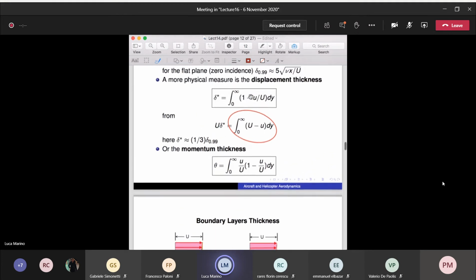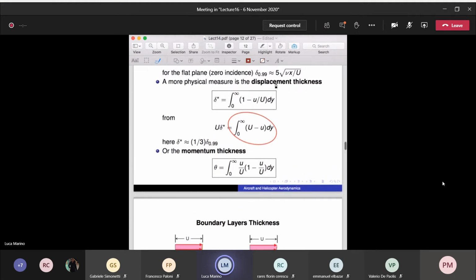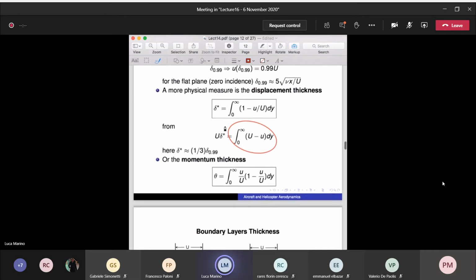Okay, so as you see, the displacement thickness, and displacement refers to the move, the change in the position of the streamlines, is related to the imbalance of mass that is different with and without the effect of the boundary layer, okay? So it's a physical measurement, okay?